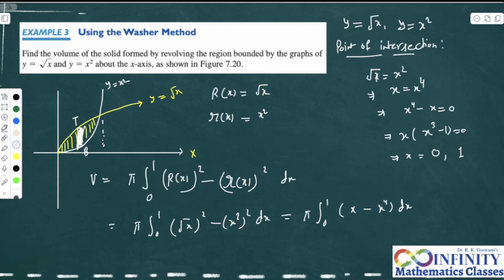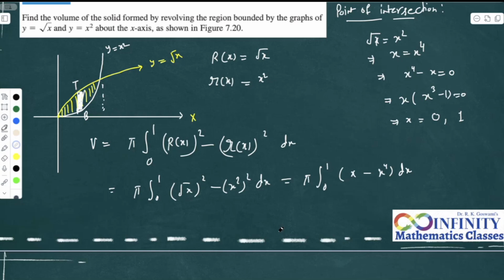What is the final answer? It should be 4/5 minus 1, so that'd be negative 1/5 pi. Oh, sorry, there is an issue in the calculation. If you integrate x, it is going to be x square by 2.